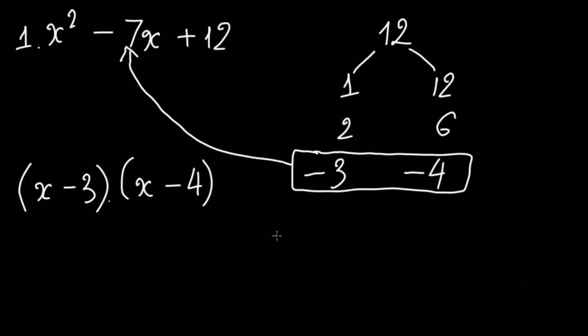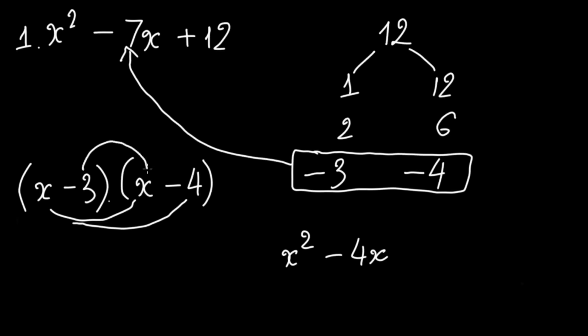And you can also double check by multiplying them back together to see if it is the original expression or not, right? See, x times x, you get x squared right here. And then x times negative 4, you get negative 4x right here. Negative 3 times x, you get negative 3x, right?